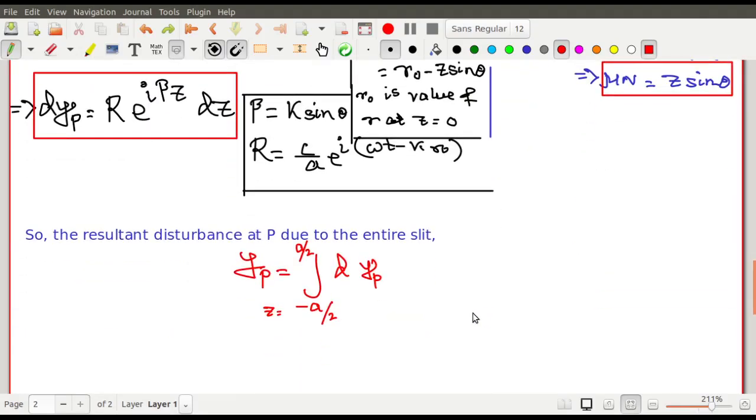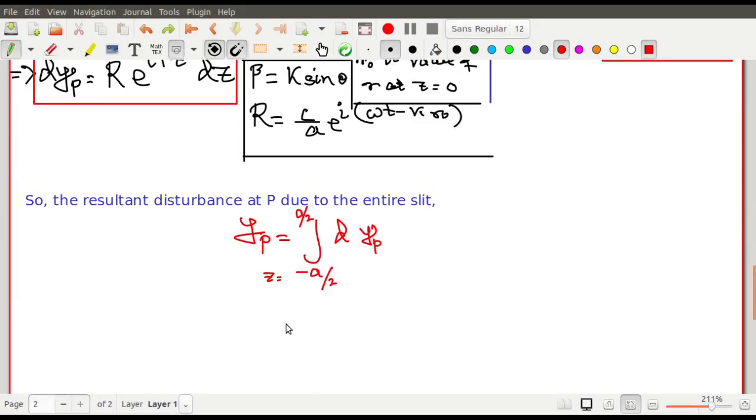That's it. So এটা নিয়ে কাজ করো, you will get everything. So integration of minus a by 2 to plus a by 2, capital R e to the power i beta z dz.